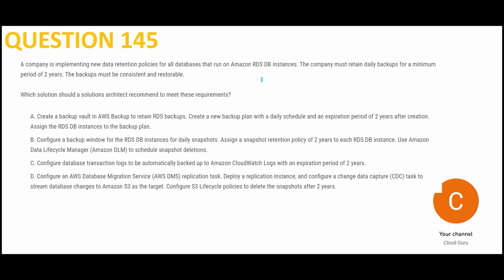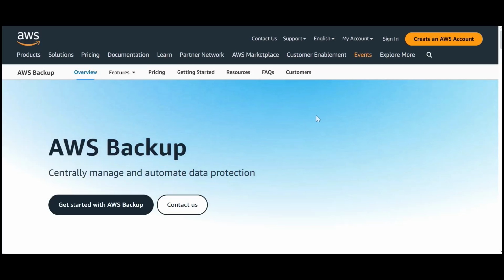So here this next question is about backup. What they are saying is they need a backup solution. They need to retain the backup for 2 years. Okay, so basically again AWS is checking whether you understand that for backup, there is a service. Yes, we have a service for backup. You can centrally manage the backups and the recovery also.